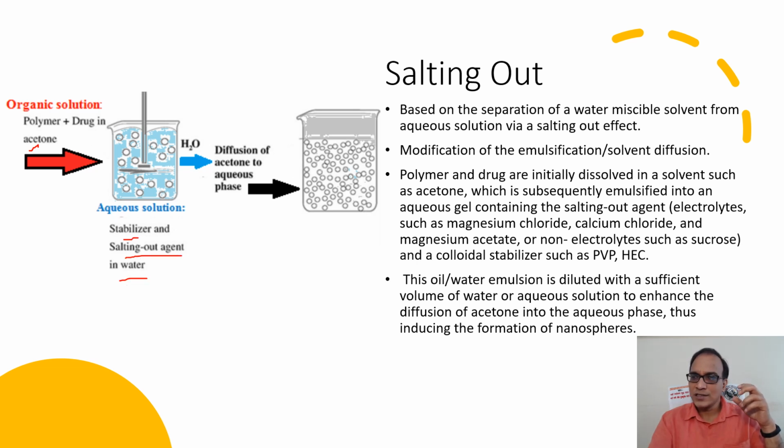These salting out agents are like magnesium chloride, calcium chloride, and magnesium acetate, or non-electrolytes such as sucrose. This oil water emulsion is diluted with a sufficient volume of water or aqueous solution to enhance the diffusion of acetone into the aqueous phase, thus inducing the formation of nanospheres in the last step.